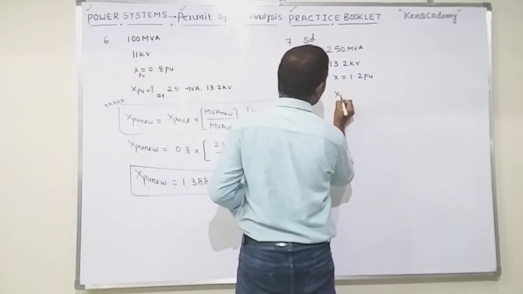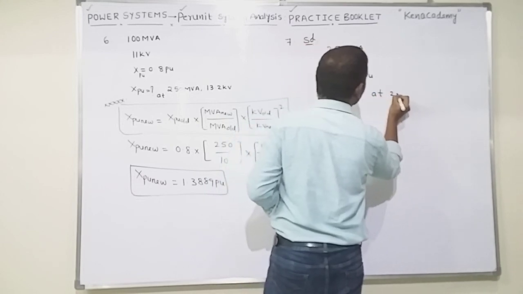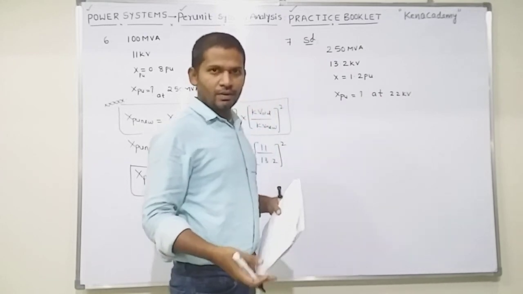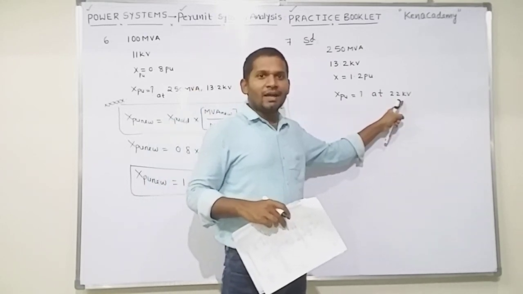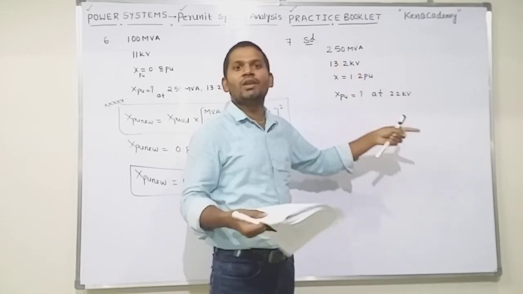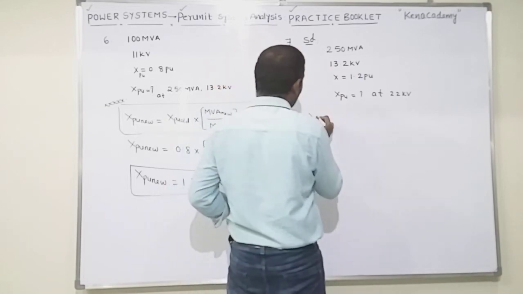You find the per unit reactance at 22 kV. That means you want to find the new value of per unit reactance at 22 kV. But the apparent power base is not given. If it is not given, whatever the previous value is, that value only you take. No other alternative. Then what is the X per unit new equal to?